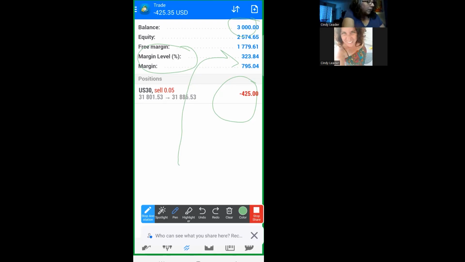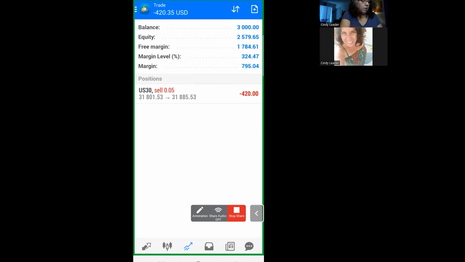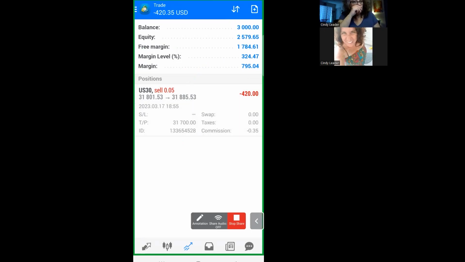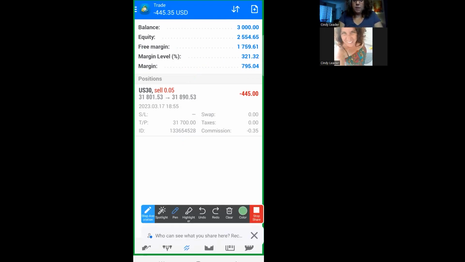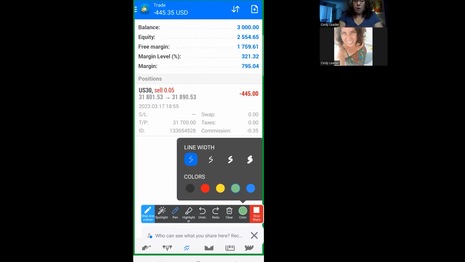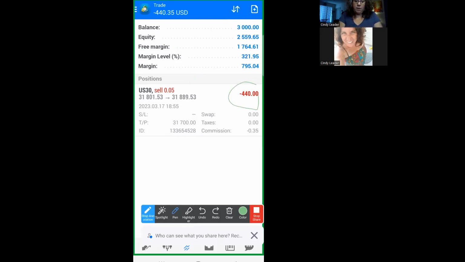Sometimes you don't want to hold this trade overnight when the market closes, because then you're going to be paying a swap fee, and you don't want to pay a swap fee on that if you can avoid it. I should just keep my phone in my hand. I just realized I can increase that.